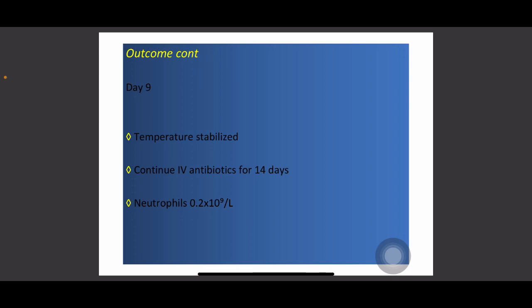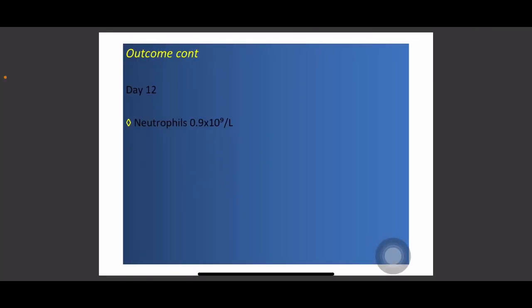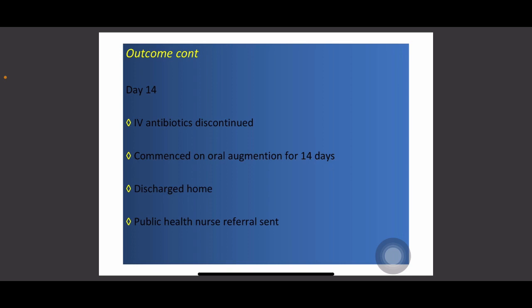On day 9, temperature was stabilized, continue IV antibiotics for 14 days, and neutrophils were 0.2. On day 12, neutrophils reached 0.9. On day 14, IV antibiotics were discontinued, and she was commenced on oral Augmentin for 14 days, discharged home, and a public health nurse referral was sent.